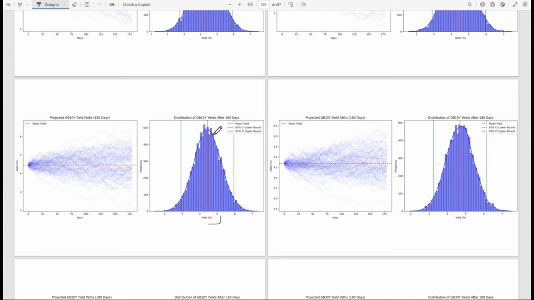The 10-year going to 5% is in this probability density, which is very highly probable, and there is a 5% probability that the 10-year will go to 6%. I don't know, let's see what happens in the market. Let's see if we have a big stock market correction, and this will imply a lot of volatility for the gilt yield curve.